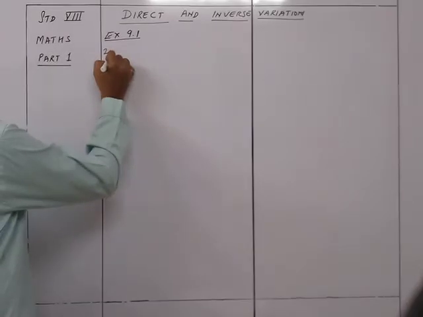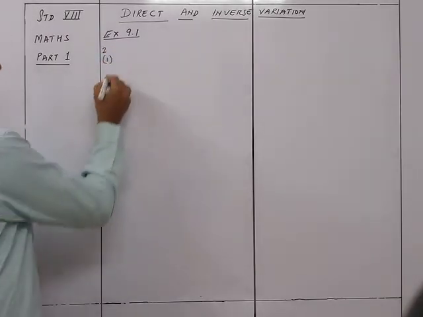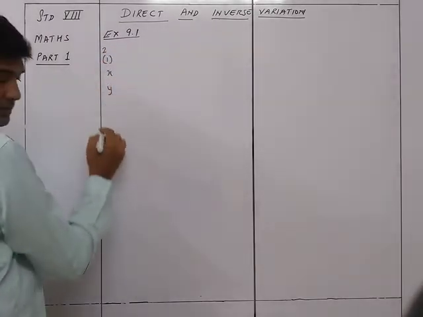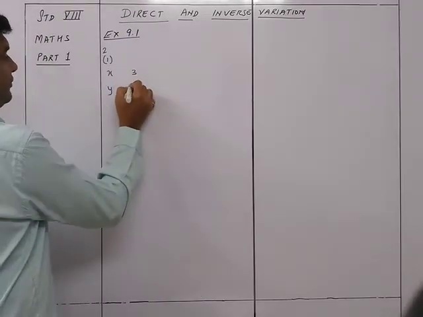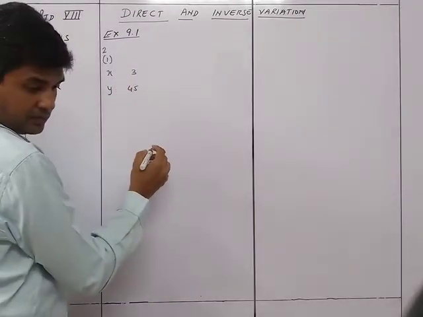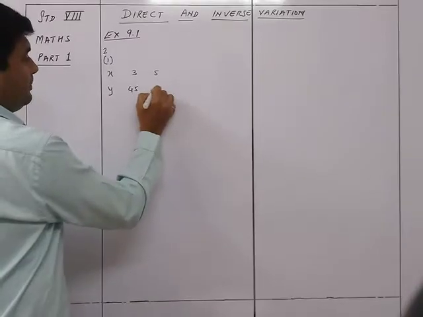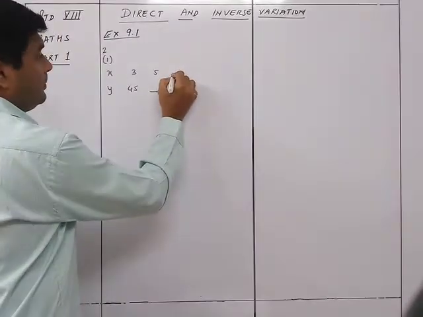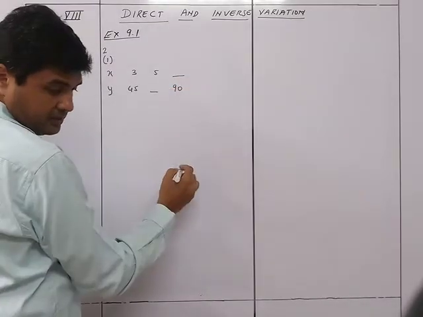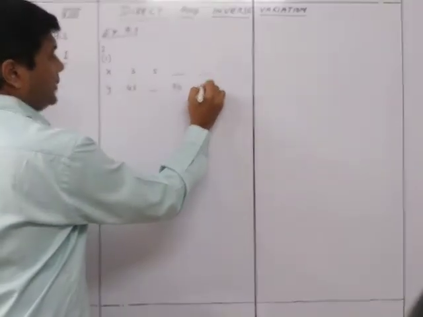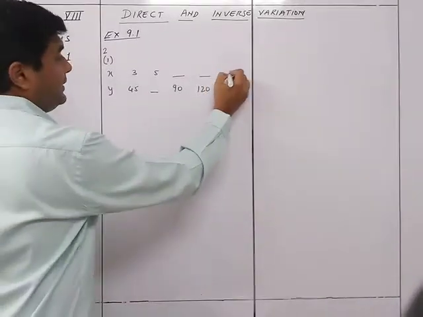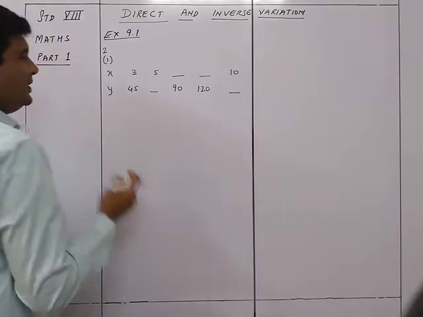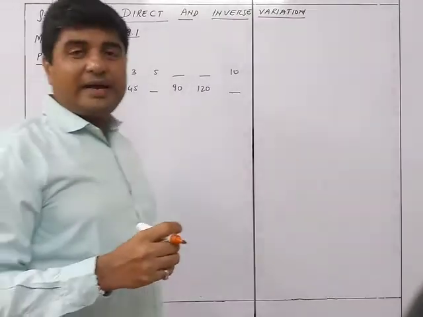Question number 2, the first one: we have got over here x, y, then 3, 45; 5 and blank; blank and 90; blank and 120; and 10 and blank. What we do is that we know they are directly proportional.